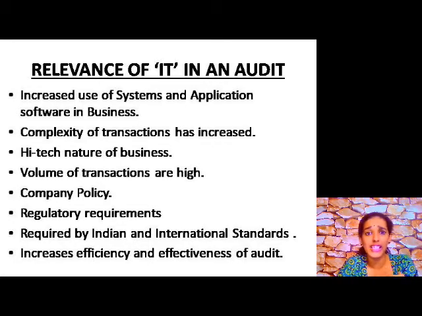Or banking transactions: withdrawals, deposits, hundreds and thousands of transactions happening for one bank every hour. Imagine the volume of transactions across a whole nation. In such cases, when it is done manually by humans, the speed and efficiency are very low, and it is also prone to human error. So here comes the relevance of IT in an automated environment.